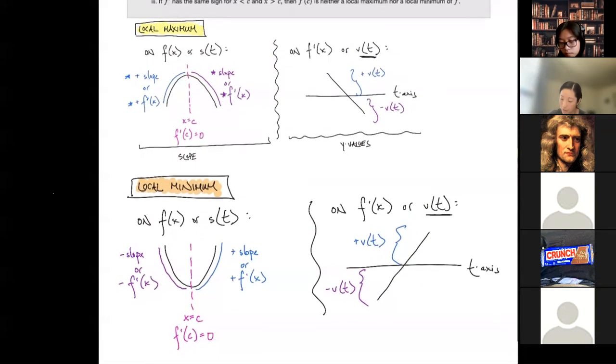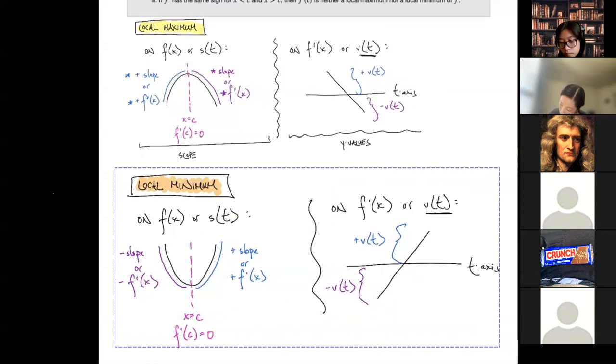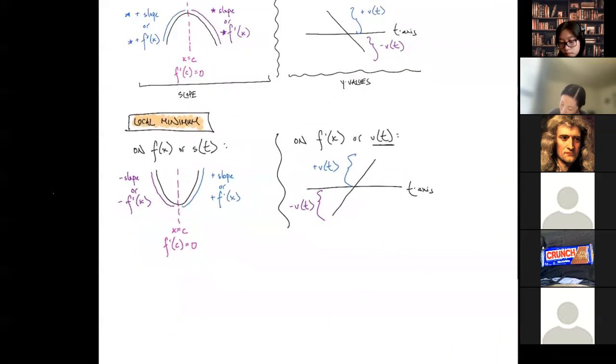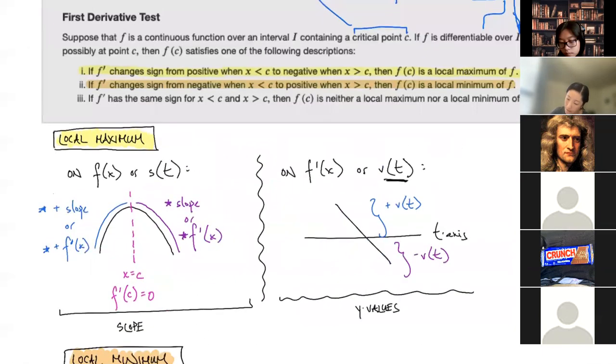All right, so we've got our local minimum, we've got our local maximum, we've got pictures to go with it. We've even got pictures to go with it for both the original graph and the velocity graph. We're going to finish off here with this last case.